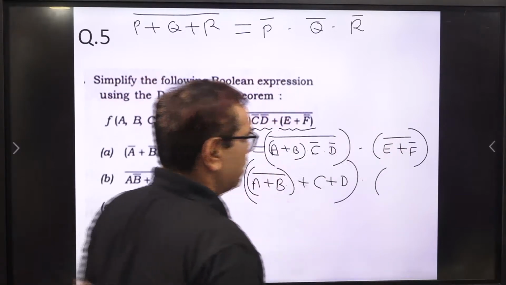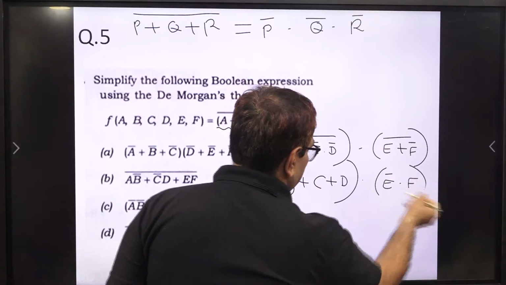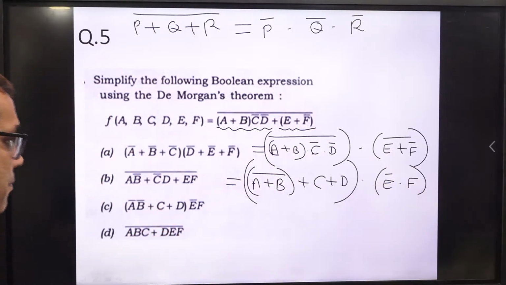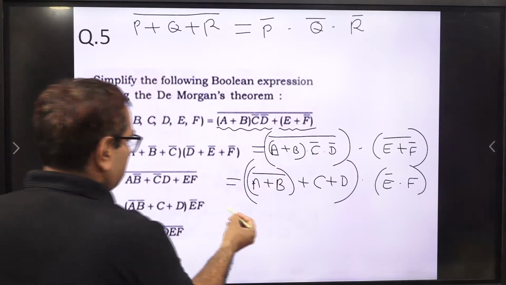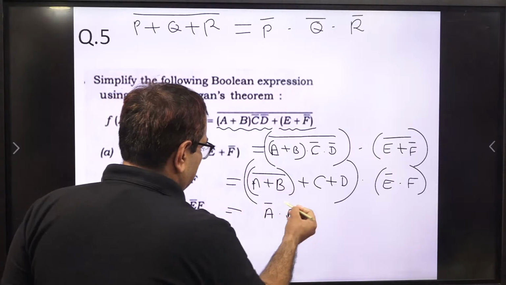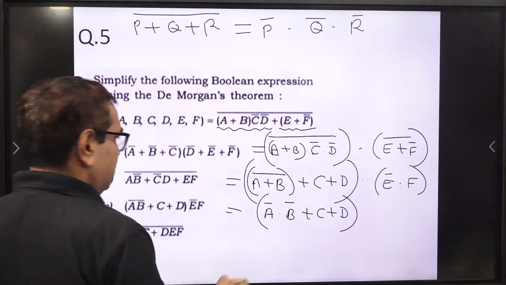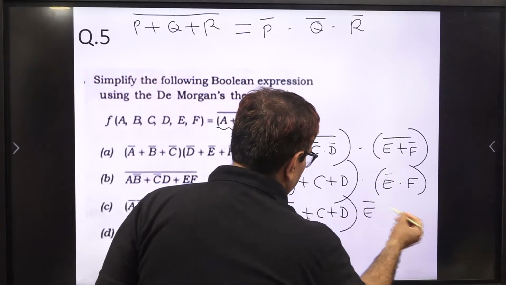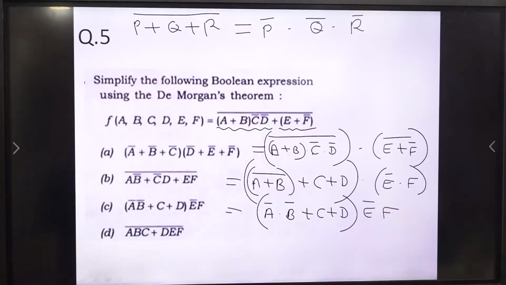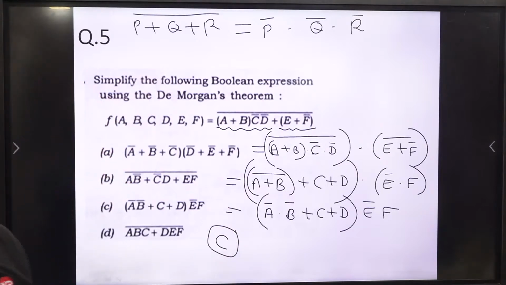Here also use De Morgan theorem, so e bar dot f bar bar is f. F bar bar is f. So it is equal to, again using De Morgan here, a bar into b bar plus c plus d, and then e bar f. Which answer is matching here? We can see C answer is matching with the correct answer. So that is our right answer.